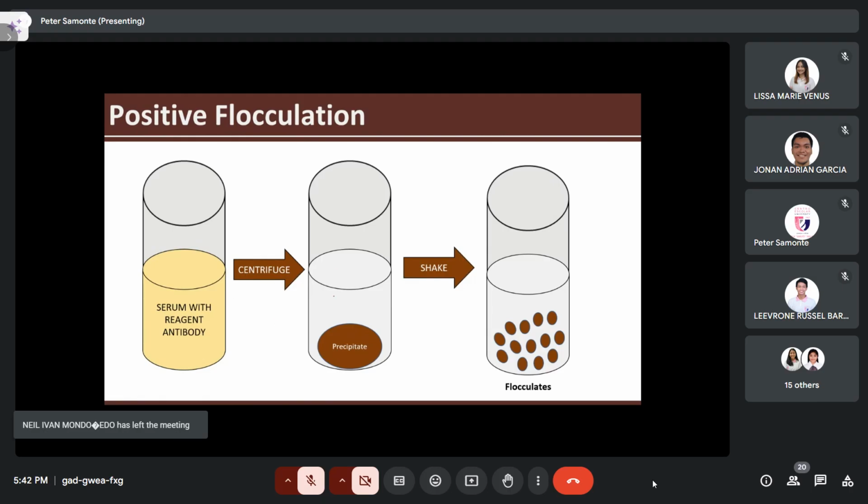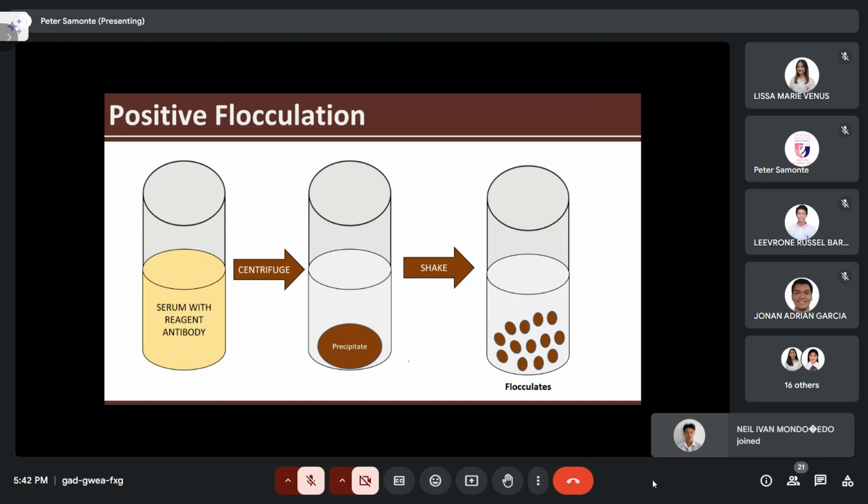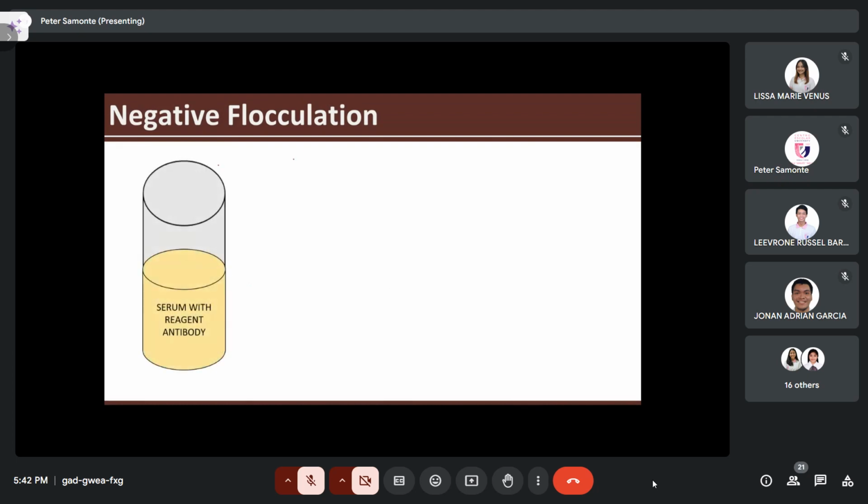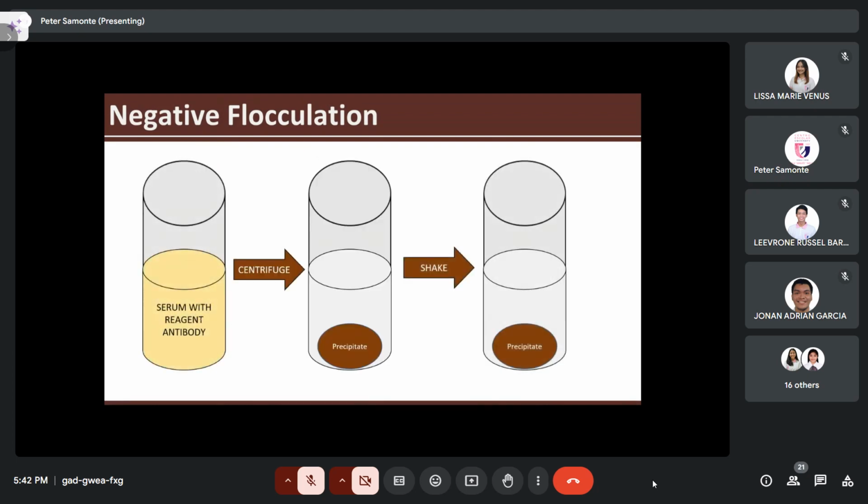You would centrifuge it, then precipitate would form, then after shaking, the precipitate would disintegrate, forming these flocculates or floccules. Then for a negative flocculation, class, here we have your serum with reagent antibody. You centrifuge it, it would form a precipitate at the bottom. Then you shake it, there's no flocculates. No flocculation would form. It's still a whole intact precipitate.